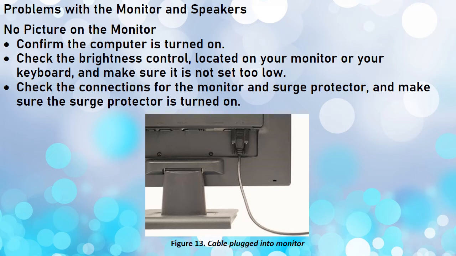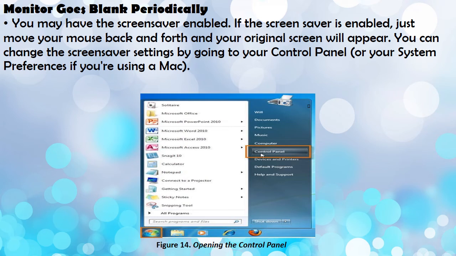Then also check the connections for the monitor and surge protector, and make sure that the surge protector is turned on. The picture below illustrates the cable plugged into the monitor.